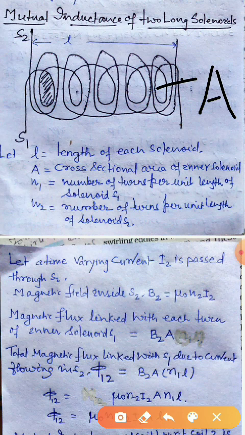N1 is the number of turns per unit length of coil S1 and N2 is the number of turns per unit length of coil S2.